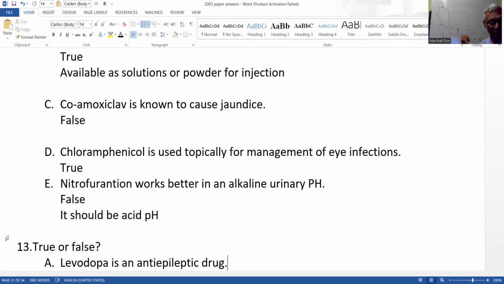So the proportion, what is the coamoxiclav: amoxicillin, clavulanic acid.